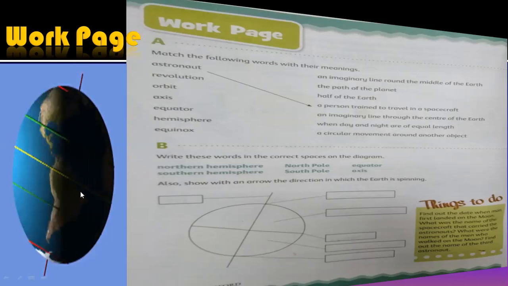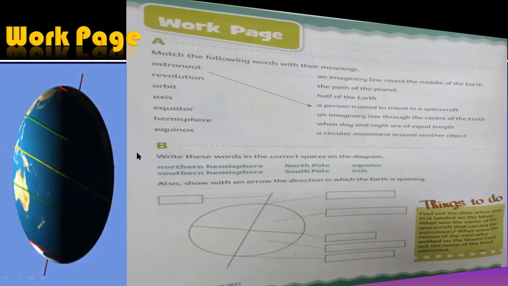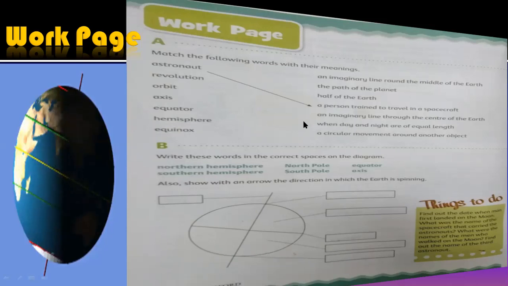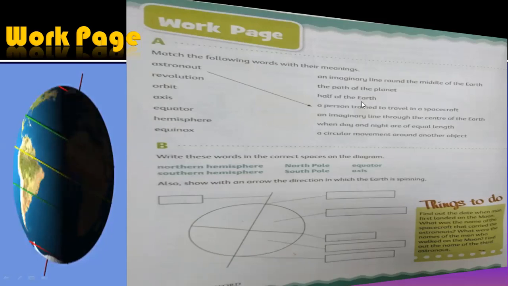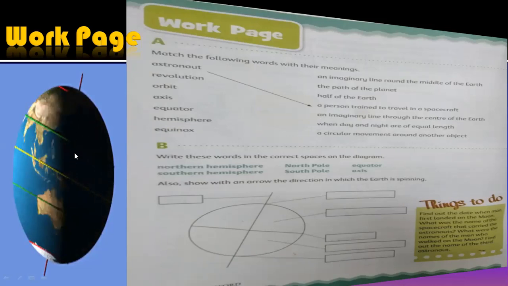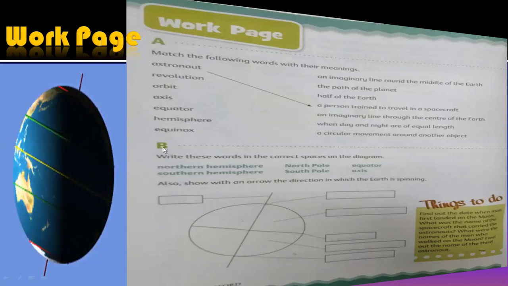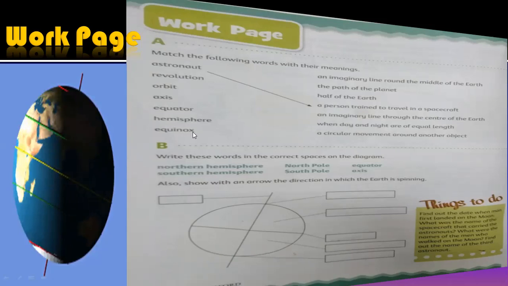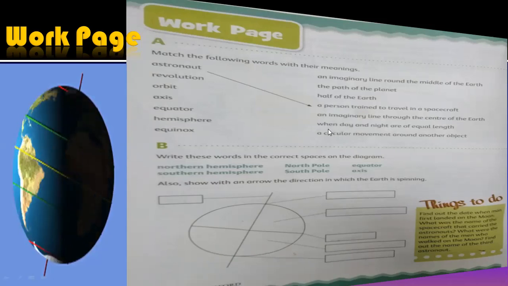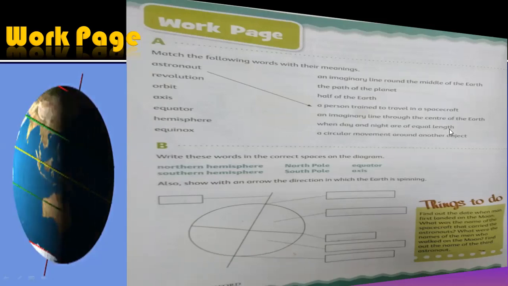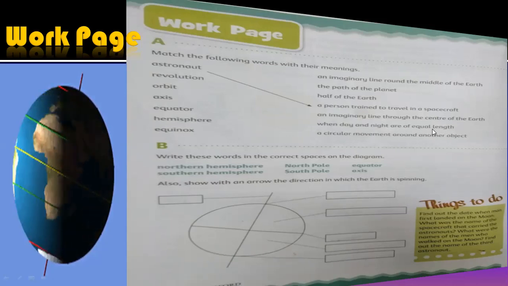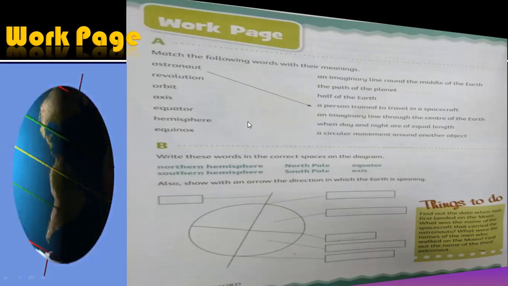Hemisphere, half of the earth. You can see that one in the picture easily, half of the earth. Equinox, when days and nights are of equal length, called equinox.